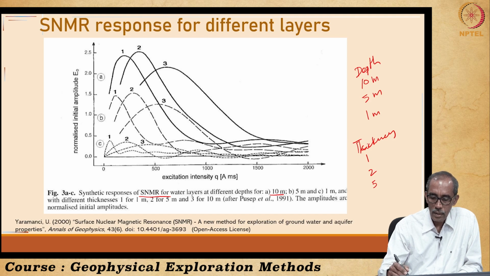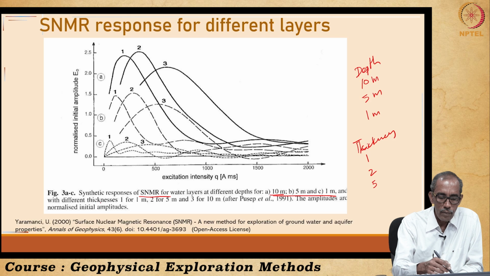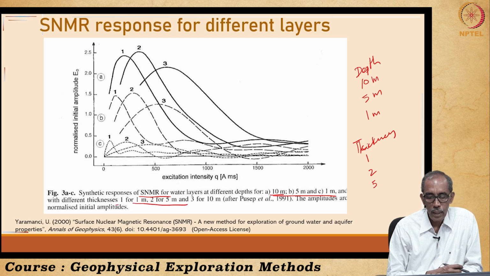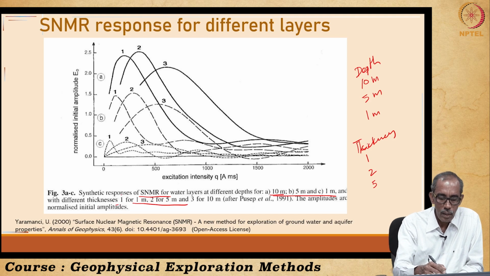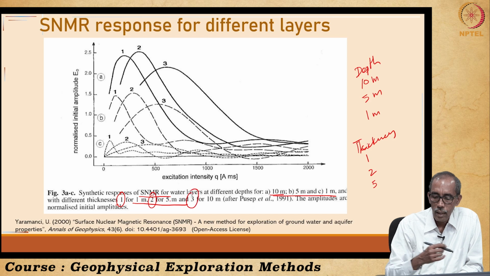Here you can see they were considered at different depths and with different thicknesses of 1 meter, 5 meter and 10 meters. So, 1 for 1 meter, 2 for 5 meter, 3 for 10 meter.